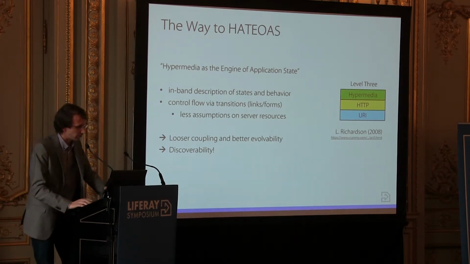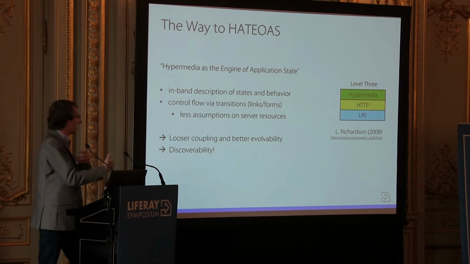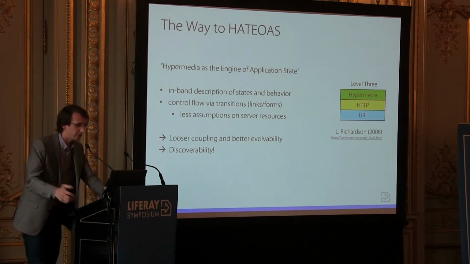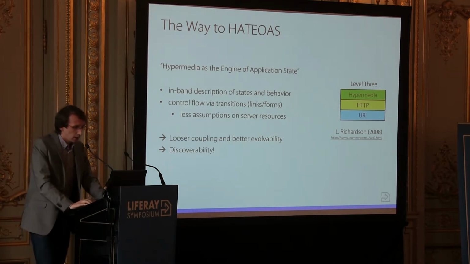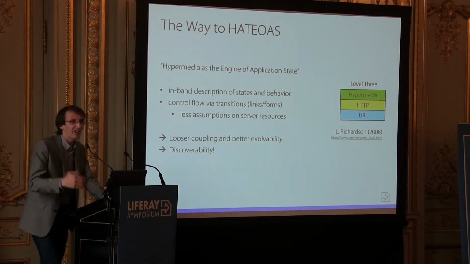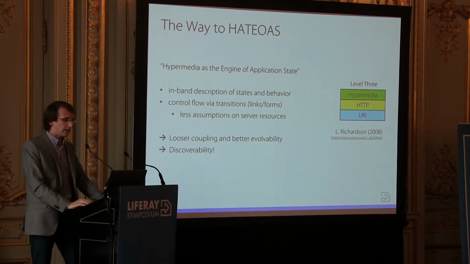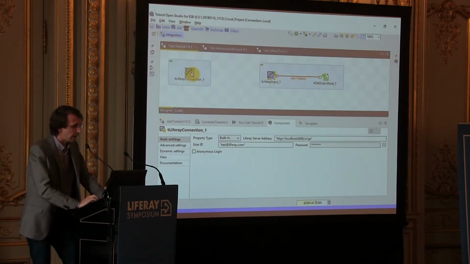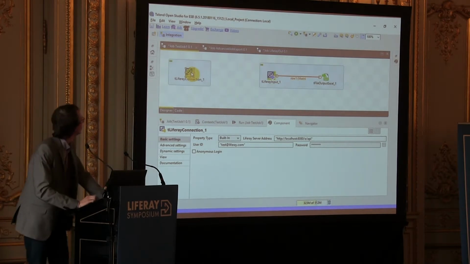I'm not bound to them. So that means, in the end, looser coupling between clients and server and better evolvability, right? And what it gives me, too, is a sort of discoverability, right? I can go through my API and discover certain things.